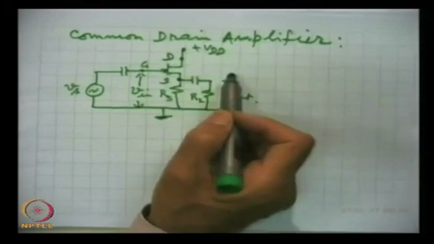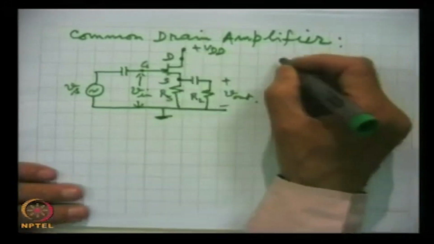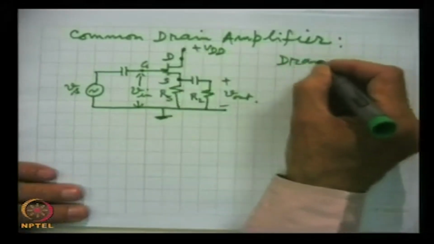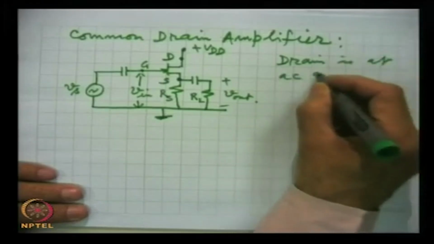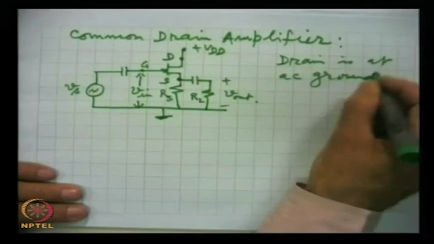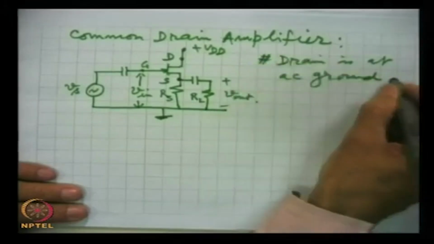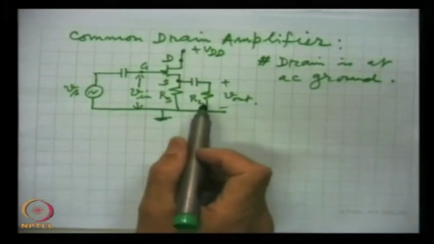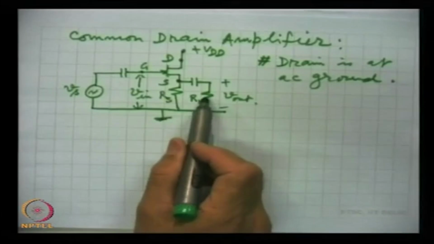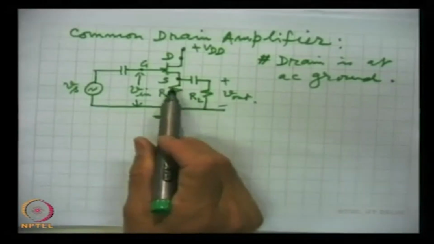So, we ground it. That means the drain is at AC ground. This is one point. The second point is that the load is connected at the source.